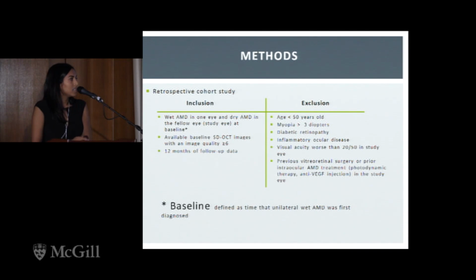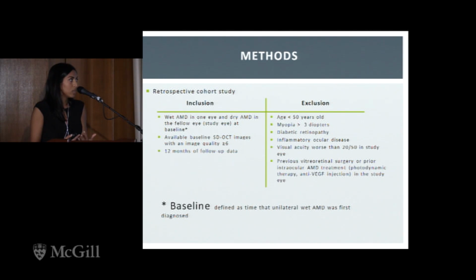That plays an important role in our ability to follow up on these patients because they were being seen and treated for wet AMD. The eye of interest to us was the dry AMD eye. That's the one that we looked at the OCT image for, and that's the eye that we looked at to see whether there was conversion to wet AMD at the 12-month mark.